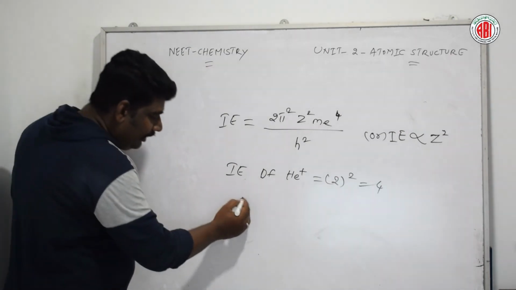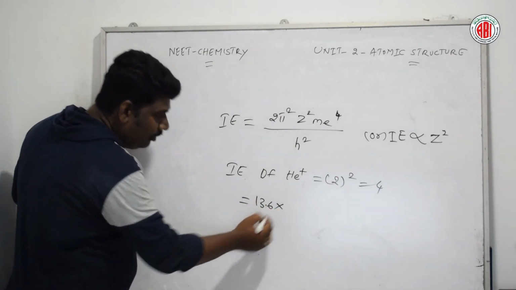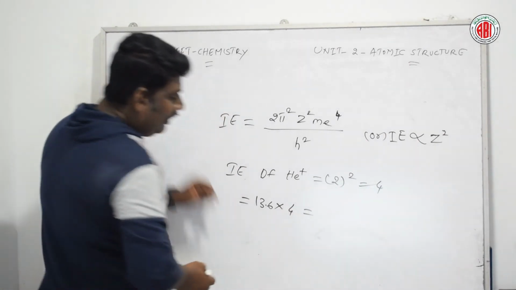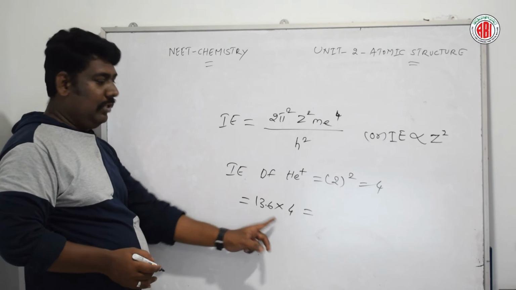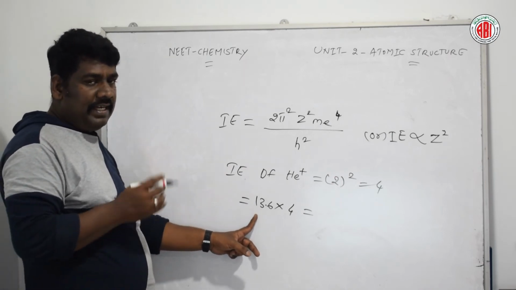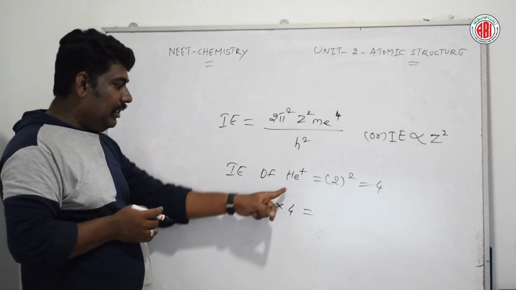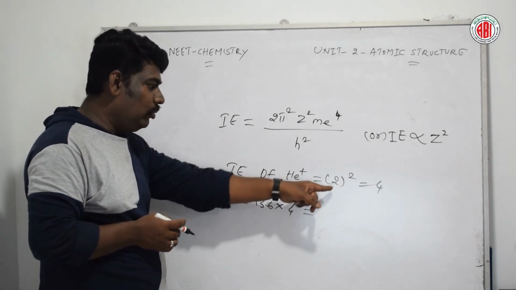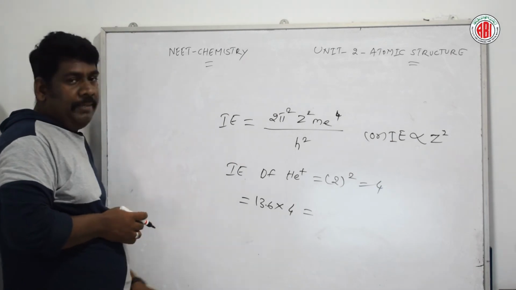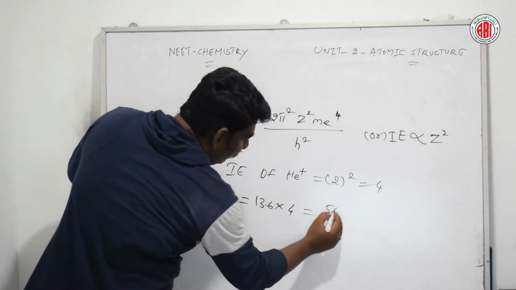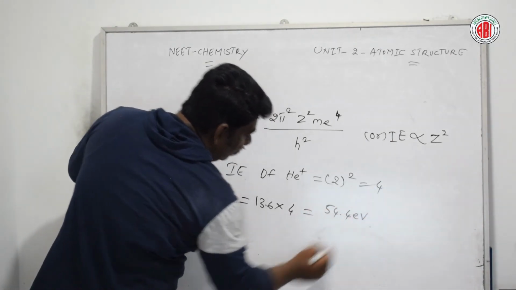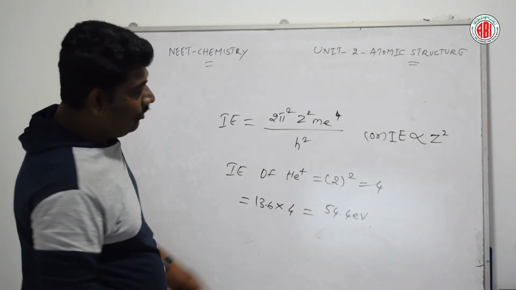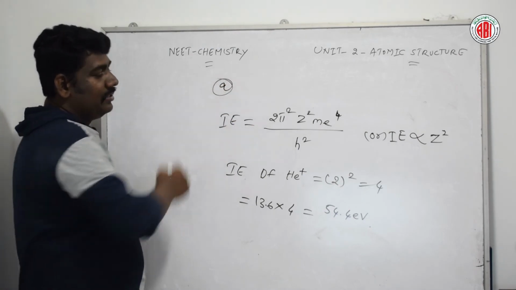So applying the value, 13.6 into 4, where 13.6 is the value for hydrogen-like species, and for the helium plus ion it is 2 square, that is 4. Multiplying this, we get 54.4 electron volt. This way we can solve this problem. According to this question, option A is the right answer.